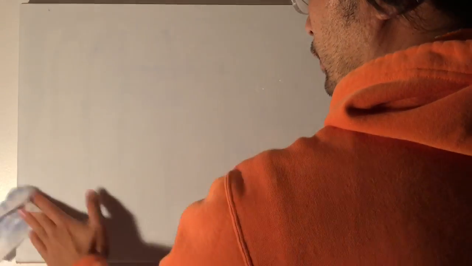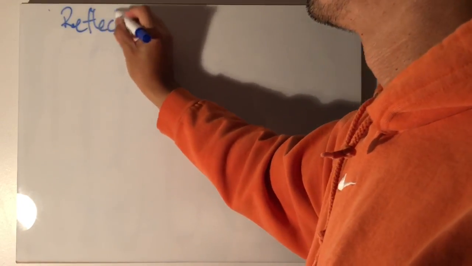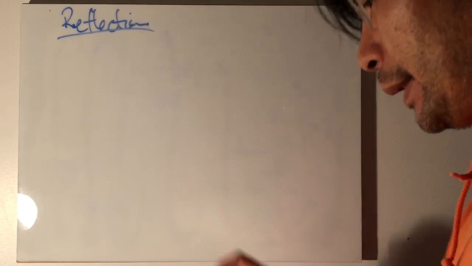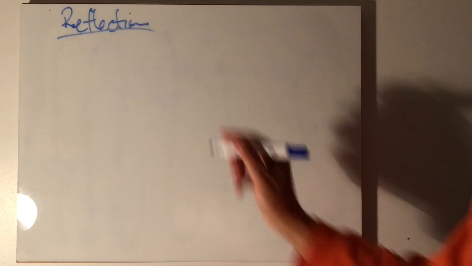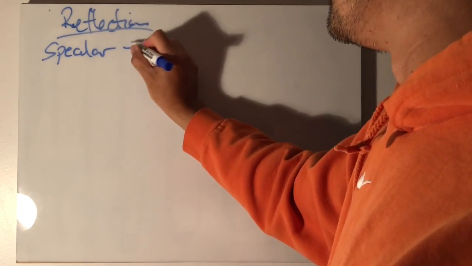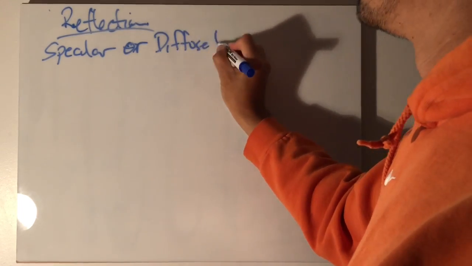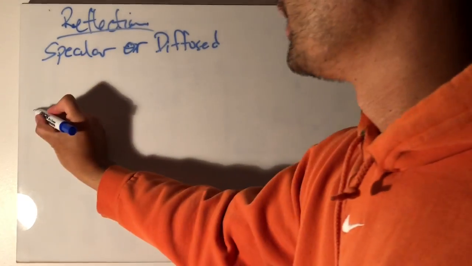So, light reflection. Remember, it's bouncing off the surface. So you can get a specular reflection or diffuse. Think of specular reflection as a mirror.